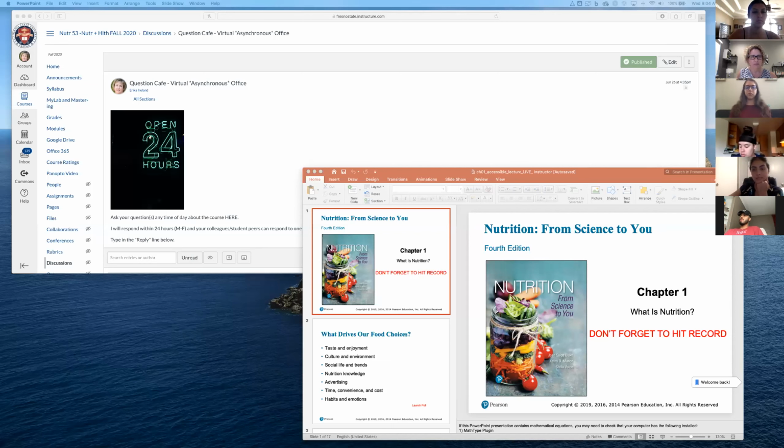Just as a quick synopsis, the textbook that we're offering is right here, a picture of it, if you can see my screen: Nutrition: From Science to You. It's a book that is used widely through lots of different universities, and the publishing company is Pearson, which also does chemistry and math and different areas, but they have a nutrition suite.